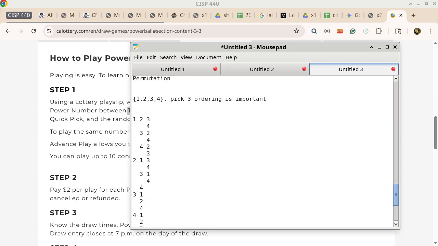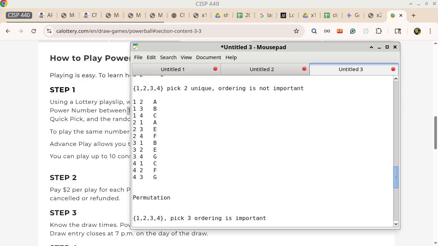Look at the picture that we had before. For every combination A, how many permutations can we get? Every combination only has two items, right? So for two items, how many ways can you rearrange the ordering?